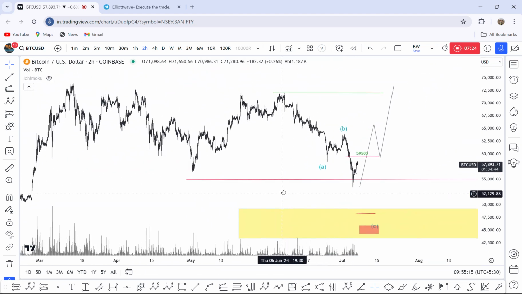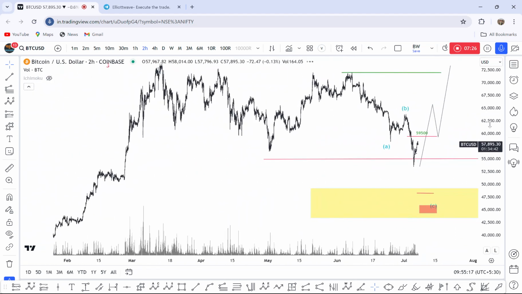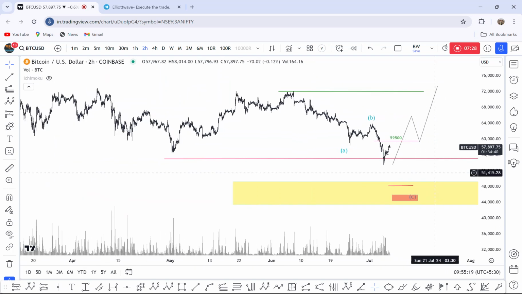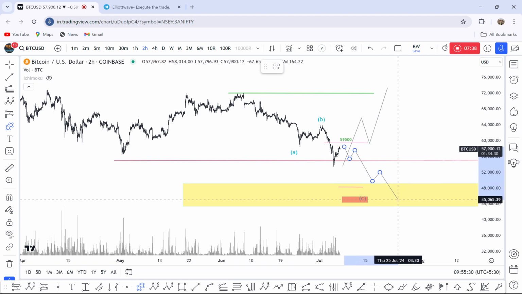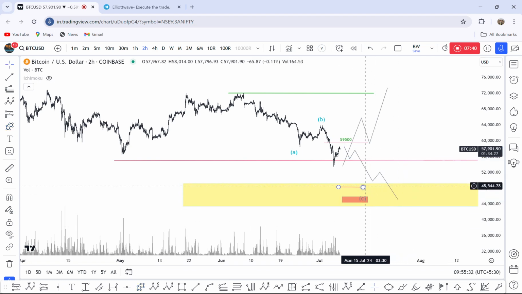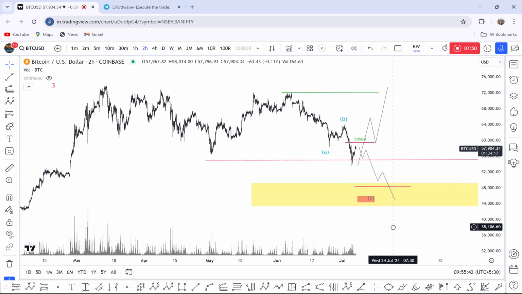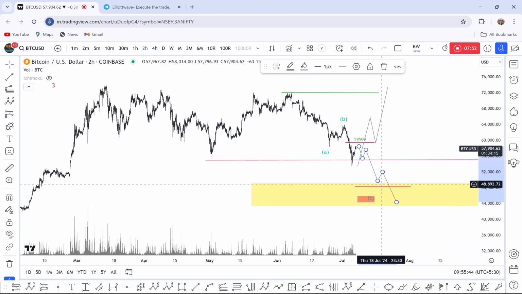So I'm giving you the analysis of Bitcoin. This is my view. We may see the downtrend like this: one, two, three, four, and five. 48,000 to 42,000 is the buying area. We will see the personality in this zone.